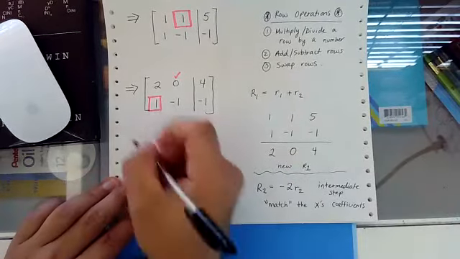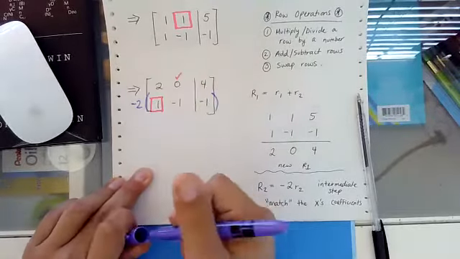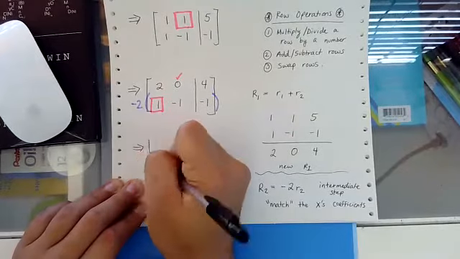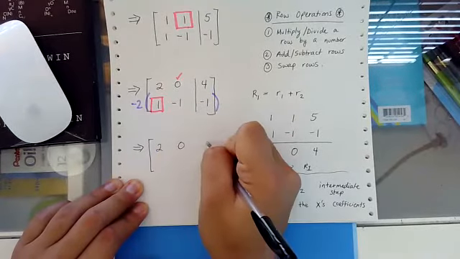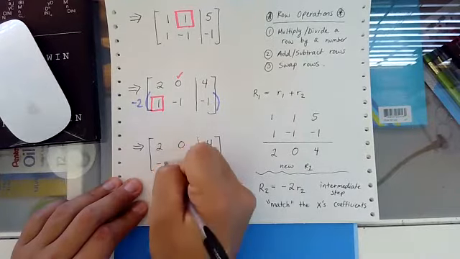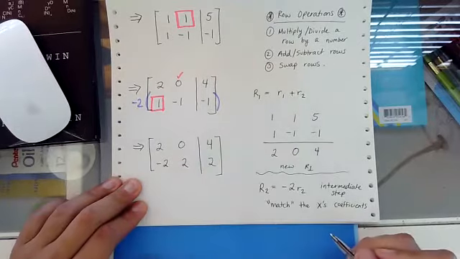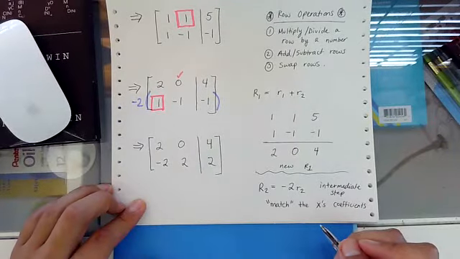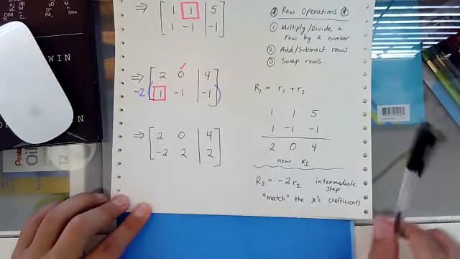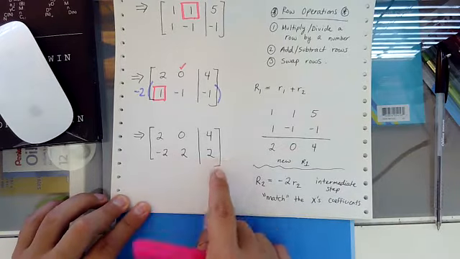So if I multiplied this row by -2, row 1 stays the same, 2, 0, and 4. And I'll have -2, +2, +2. Just as an intermediate step, we transformed row 2.